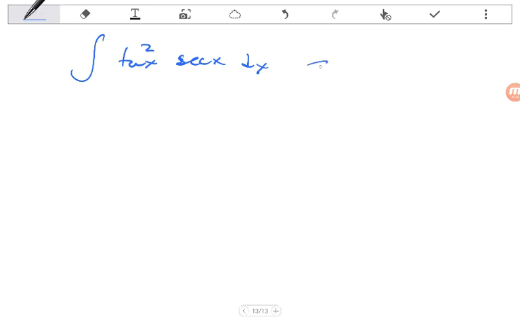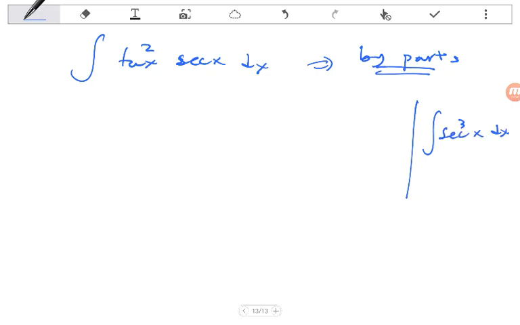This is solved by parts, and whenever I find this case, we will have an integral returning to its original in the by parts, like the one in the exam, which was sec power 3 x dx. This was solved by parts and it returns to its original.